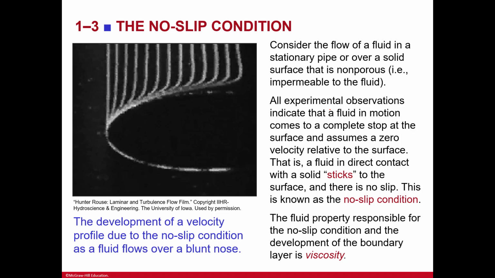Okay, so all of our experimental observations have indicated that a fluid moving through this pipe, or moving over an aircraft, comes to a complete stop at the surface and assumes a zero velocity relative to the surface. That is, a fluid in direct contact with a solid sticks to the surface, and there is no slip, considering the no slip condition, right?